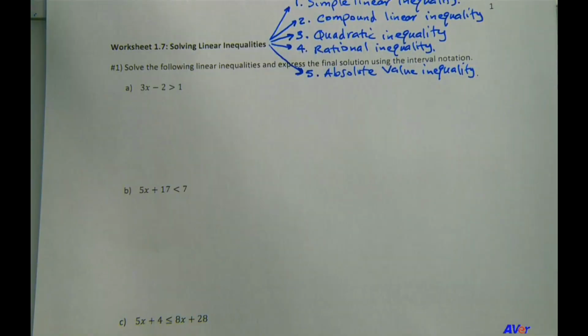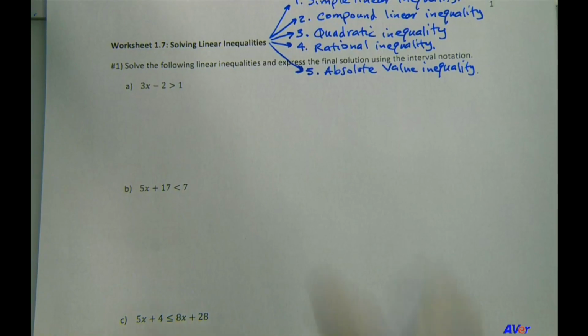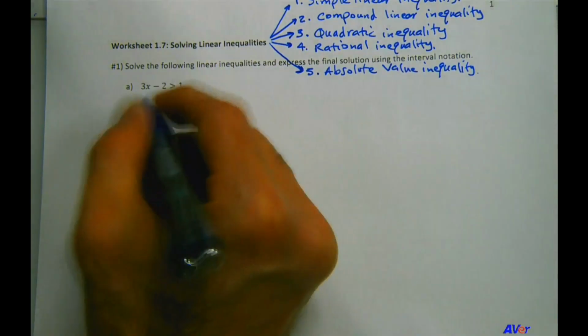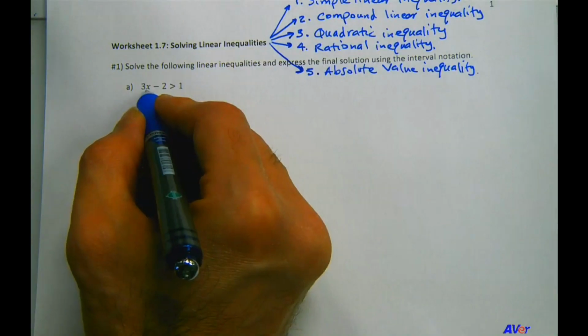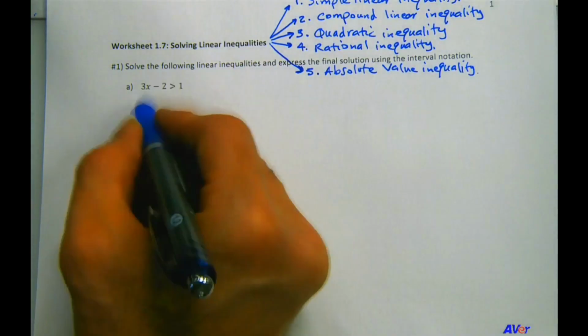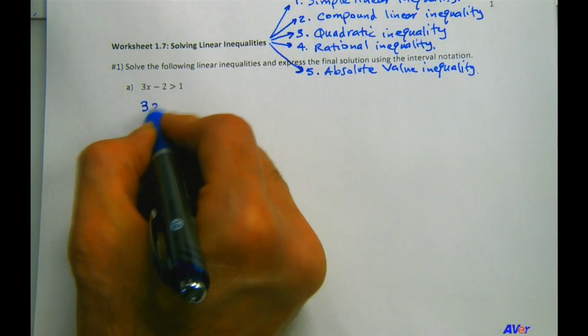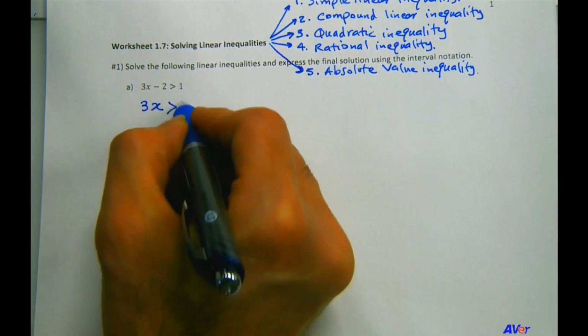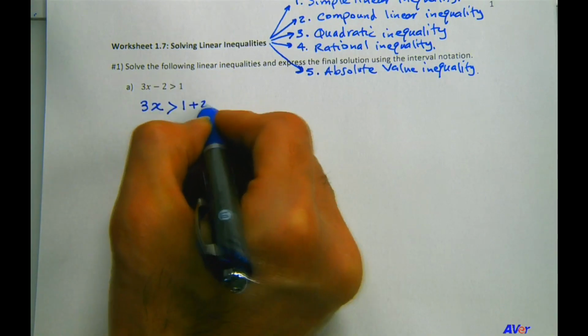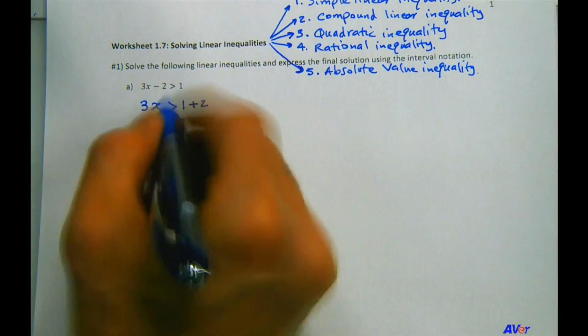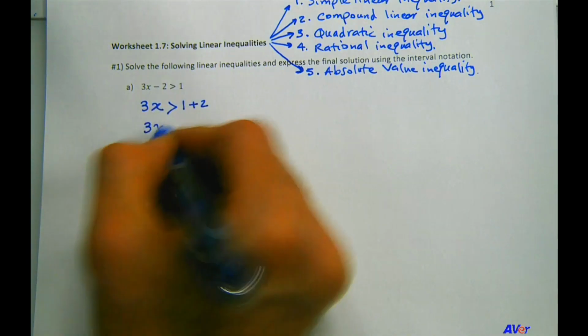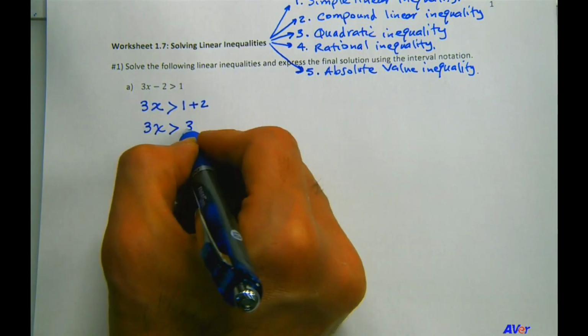Okay, so let's start with this first one. It's the easiest linear inequality we can get. So simply we isolate the x and then solve for it. So here we have 3x greater than 1 plus 2, right? And then we have 3x greater than 3.